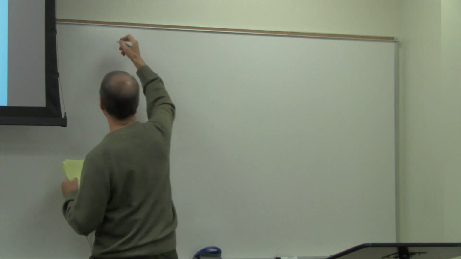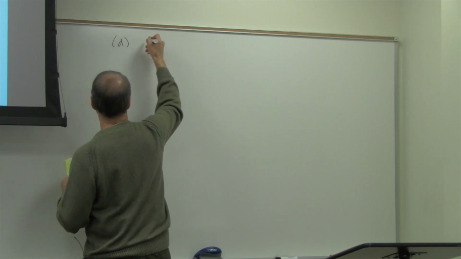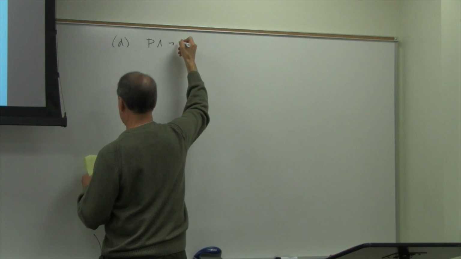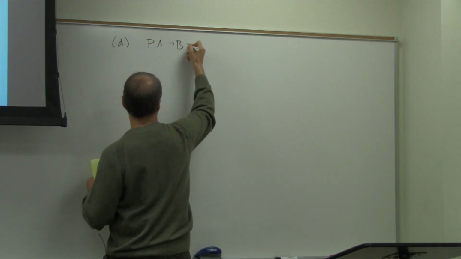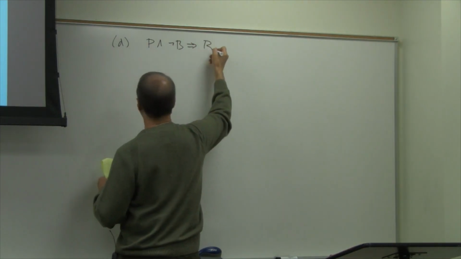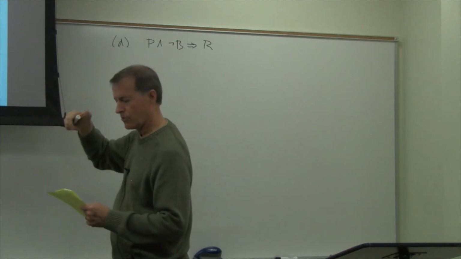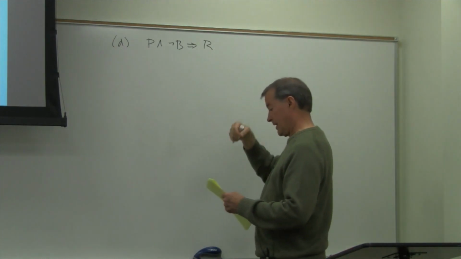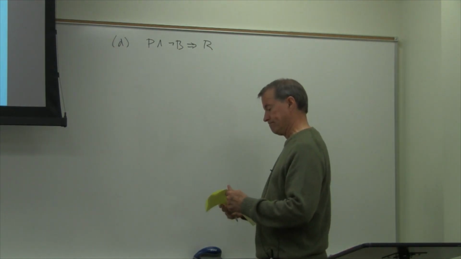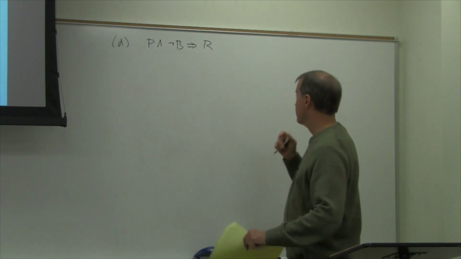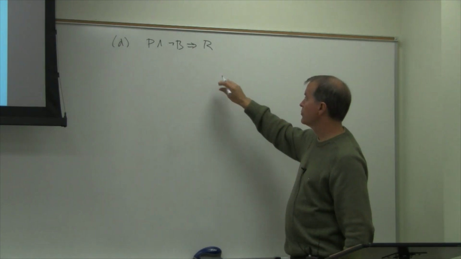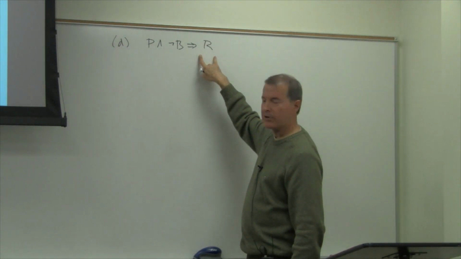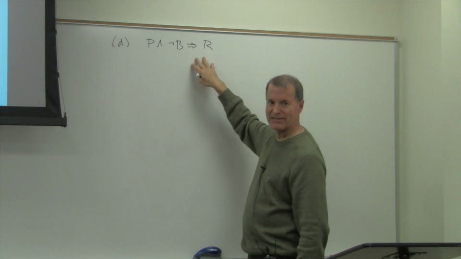So what we have to do in D is to prove P and not B, not the guard, implies R, which is the postcondition of the whole computation. Now, the way we're going to do this is we're going to start with R, and we're going to assume the conjuncts of the antecedent, obviously.